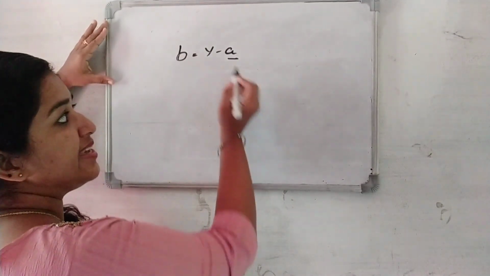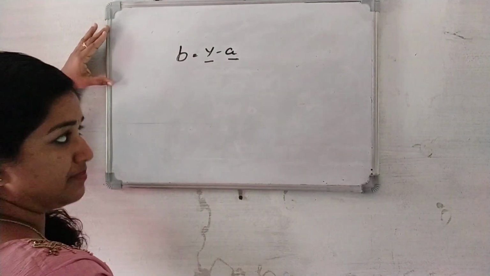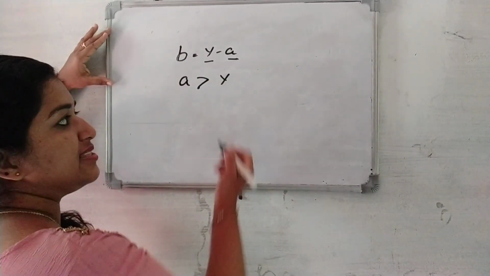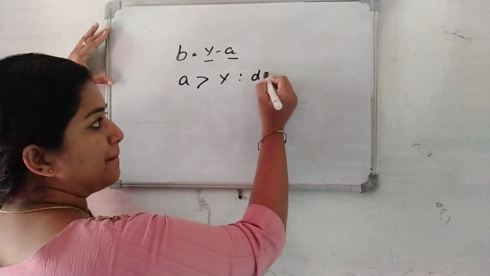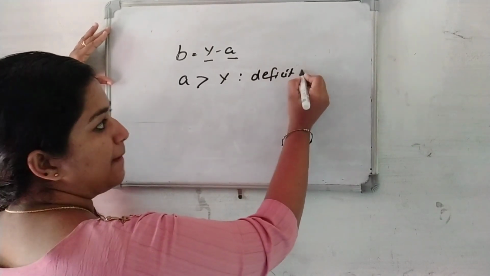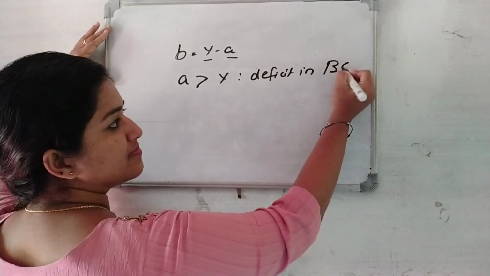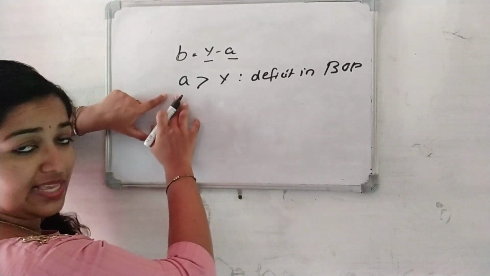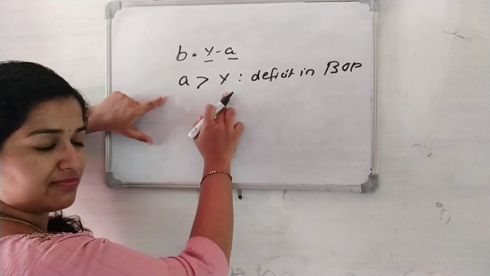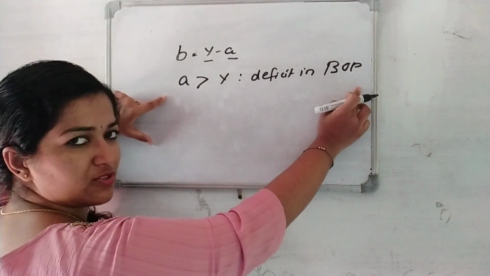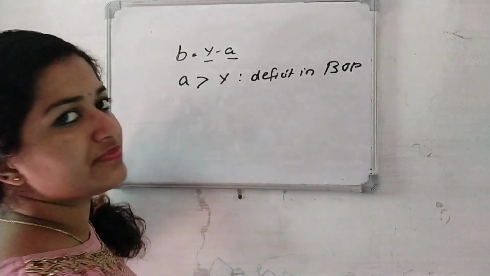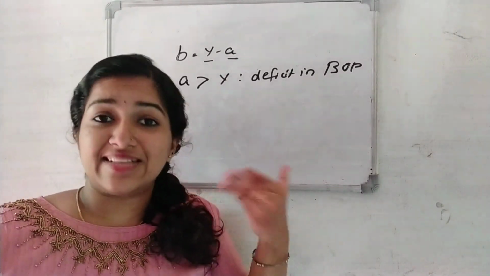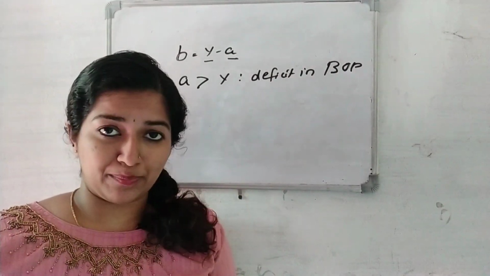When domestic expenditure is greater than domestic income, that is A is greater than Y, there will be a deficit in balance of payments. It means that the economy is absorbing more, that is, the economy is spending more on imports.